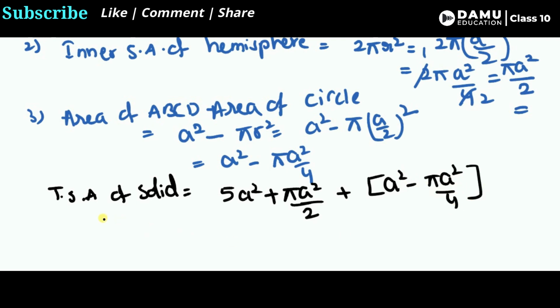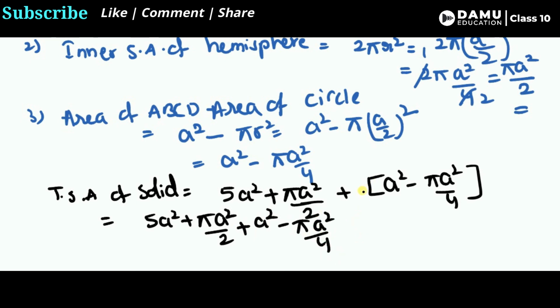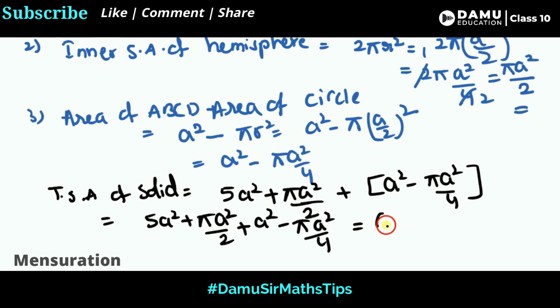We can write it in one place: 5a square plus a square is 6a square.